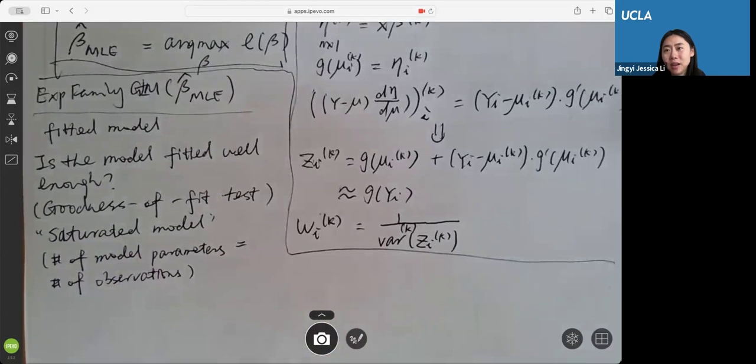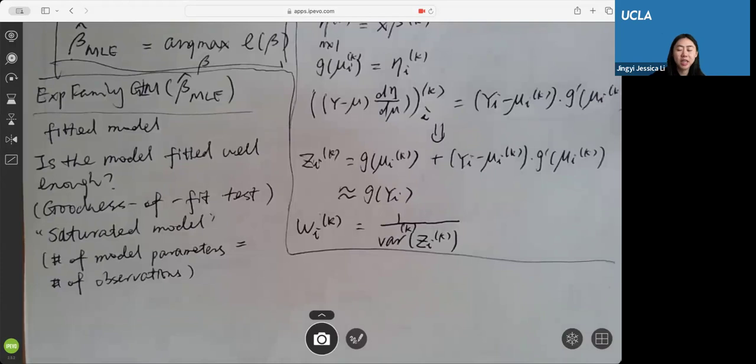Whether it equals the number of data points, I'm not sure; it depends on the context. Here, we're talking about the sense where we still can interpret the model parameters, so we know what each parameter means. When the number of model parameters equals the number of observations, the model can perfectly describe our data.